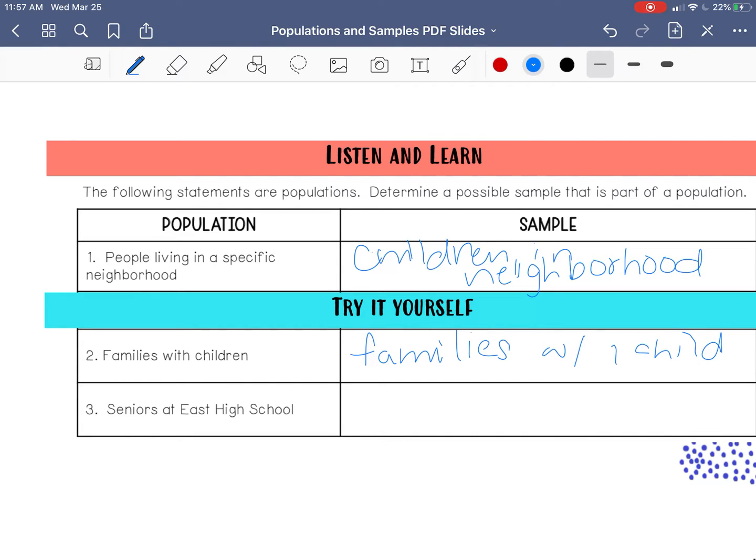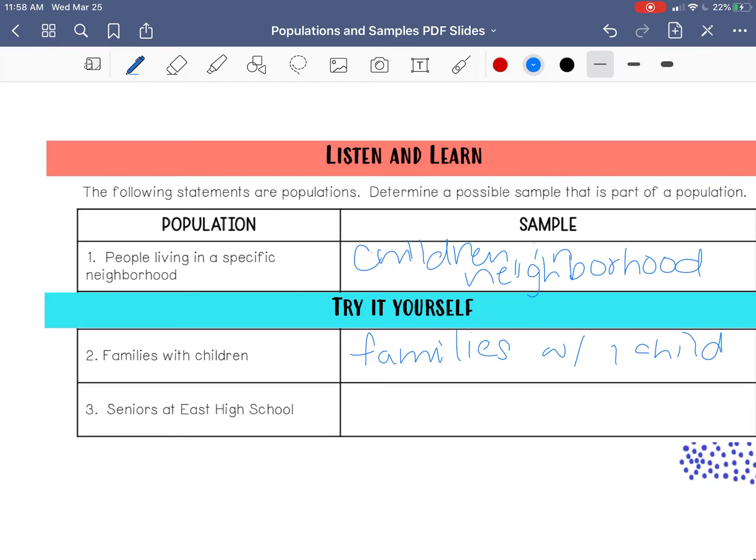We could say families with multiple children, or families with 5 or more. Whatever you want to ask or find out is separate from determining what the population and sample are. The population is the whole group, families with children, and the sample would be families with one child or families with 5 or more children.